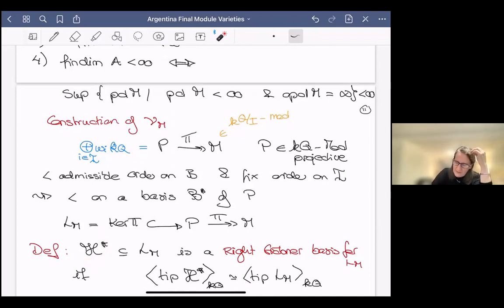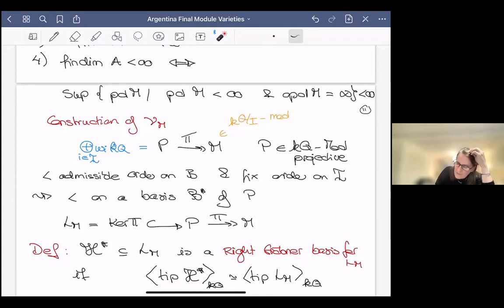So H star is a right Gröbner basis for the submodule Lm with respect to our chosen order, if the tip set of these things... Of course, I have this basis here, I have a submodule, so everything can be expressed in terms of the basis, and then by our order every element in the linear combination has a greatest element, and so I can define the tips.